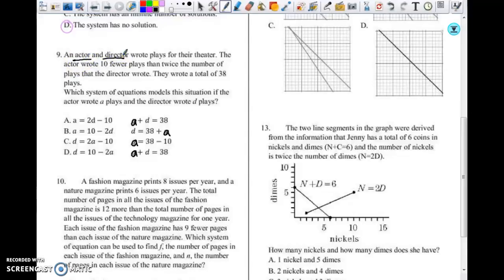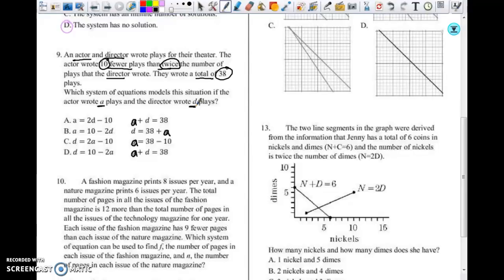So they're saying an actor and director wrote plays for their theater. The actor wrote 10 fewer plays than twice the number of plays that the director wrote. They wrote a total of 38 plays. Which system of equations models the situation if the actor wrote A plays and the director wrote D plays? So remember, actor is going to be A, director will be D.